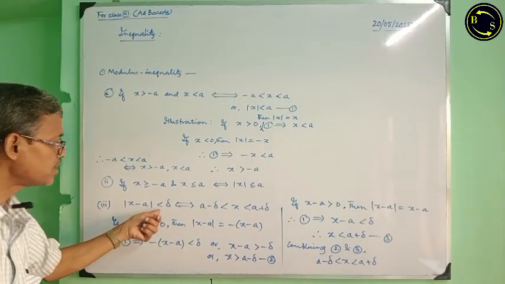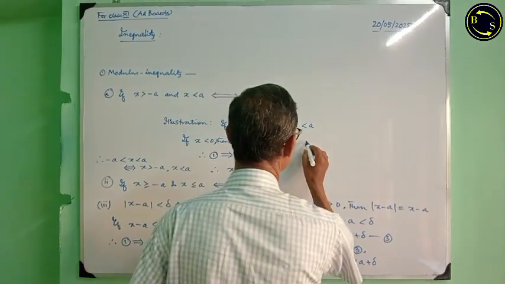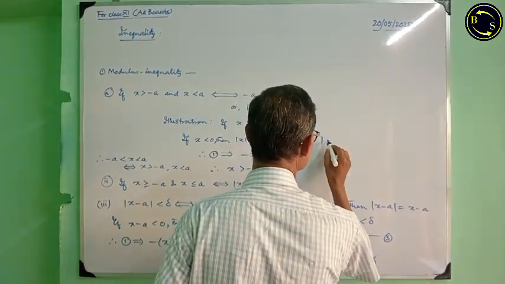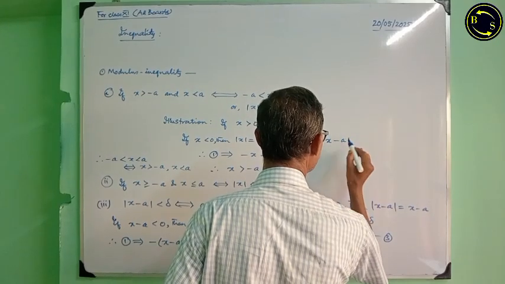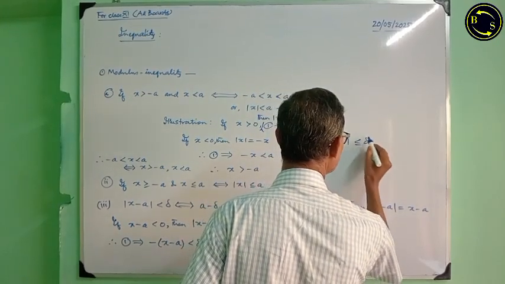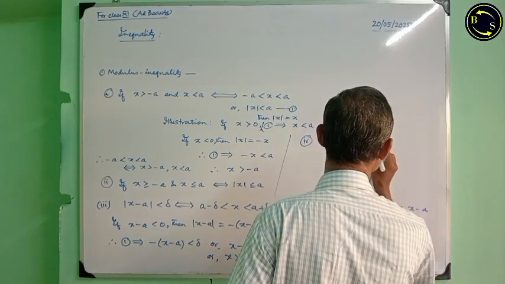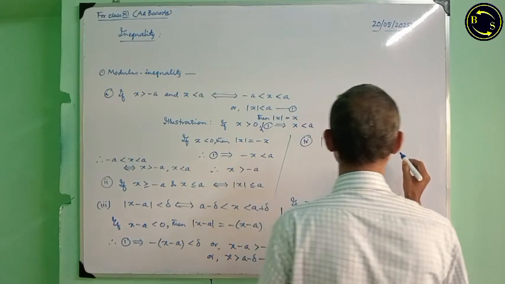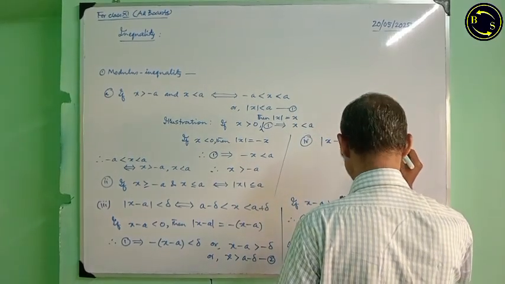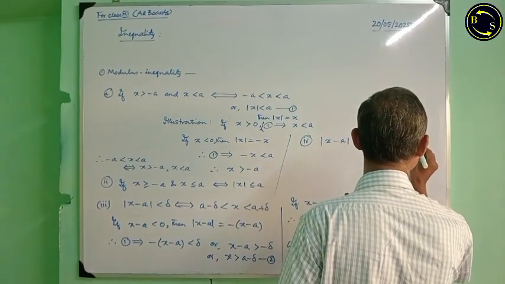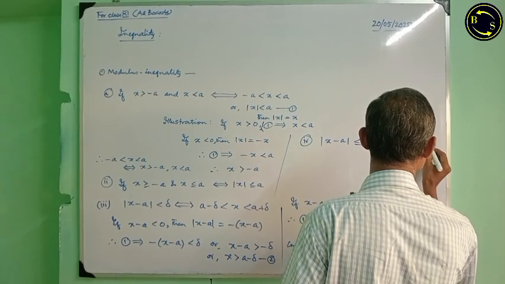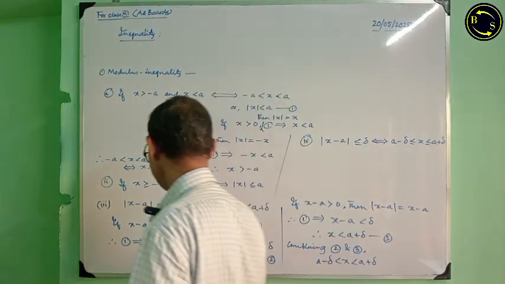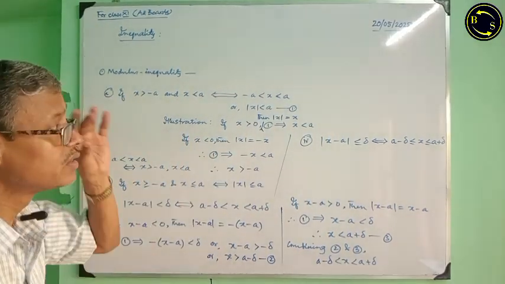Now, if we consider less than equal to number 4, modulus of x minus a less than equal to delta. This is modulus inequality form. Inequality form will be a minus delta less than equal to x less than equal to a plus delta. Students, you try to understand.